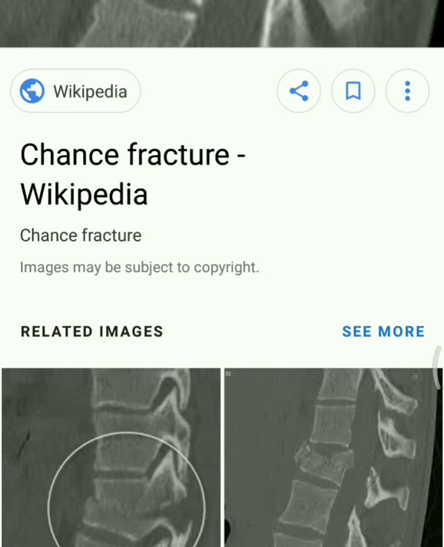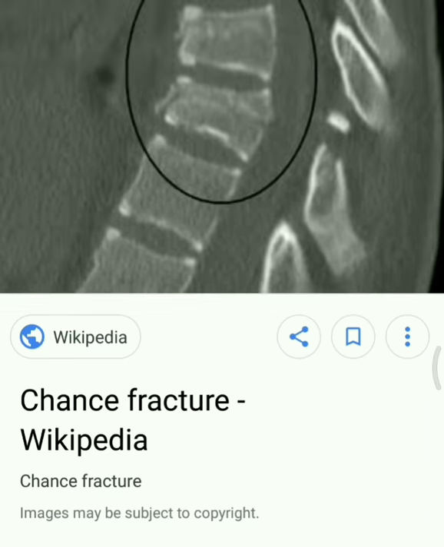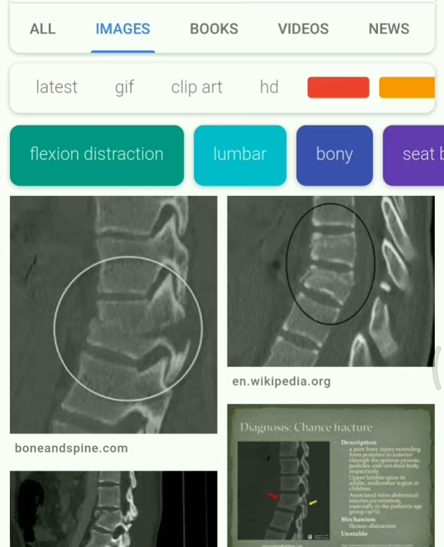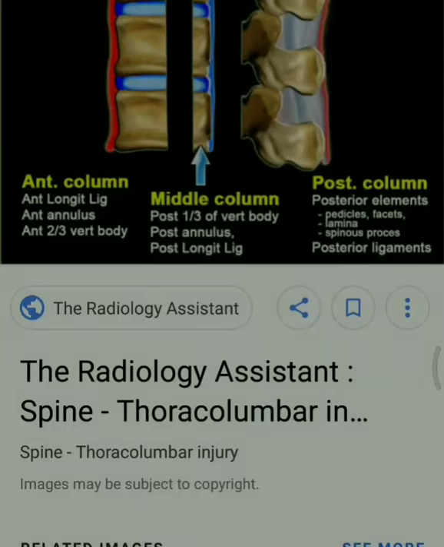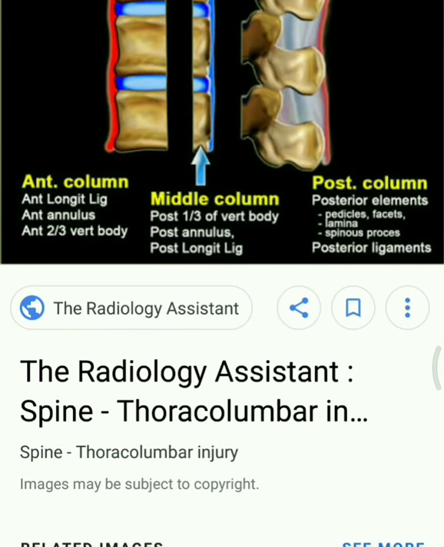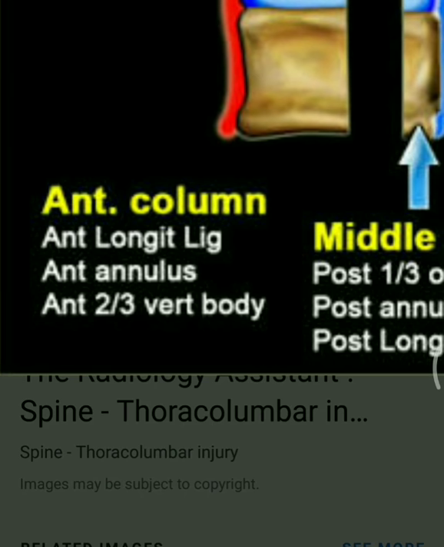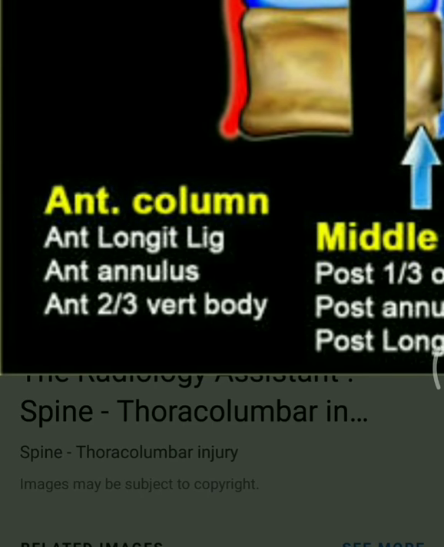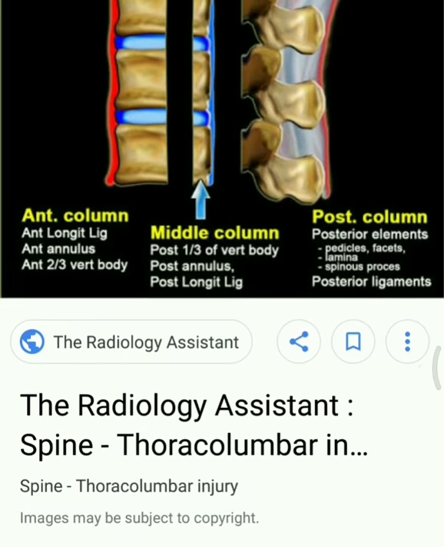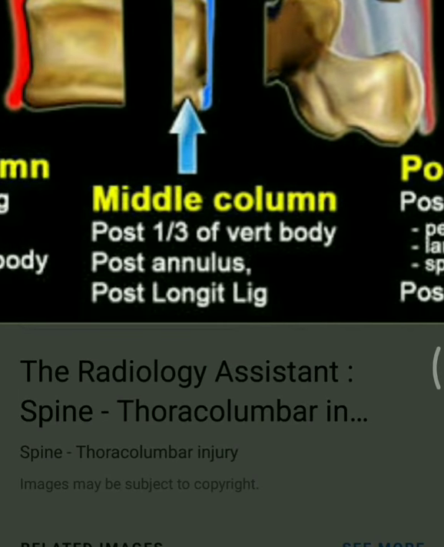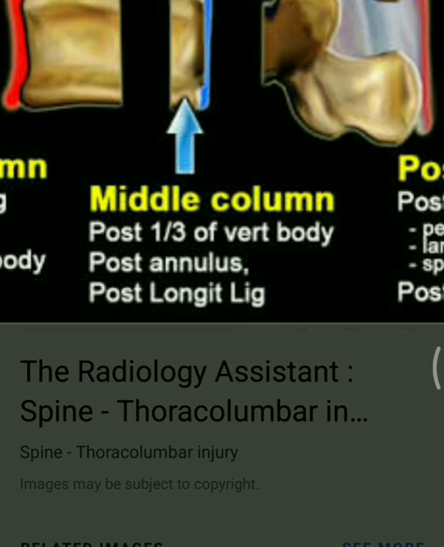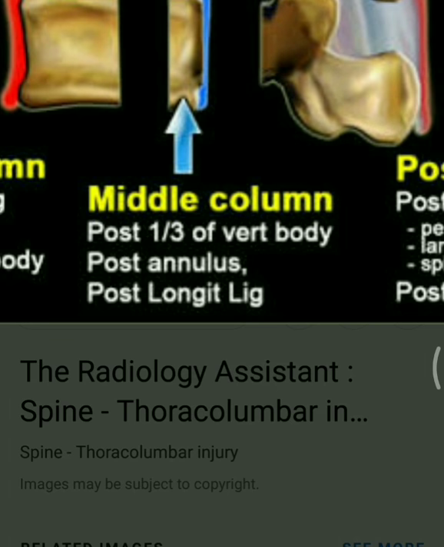In this respect, we will discuss Denis three-column concept of spinal stability. The components are, first, the anterior column, which includes the anterior longitudinal ligament plus the anterior two-thirds of the vertebral body and intervertebral disc. Then the middle column, which includes the posterior one-third of the vertebral body, the posterior one-third of the IV disc, plus the posterior longitudinal ligament.